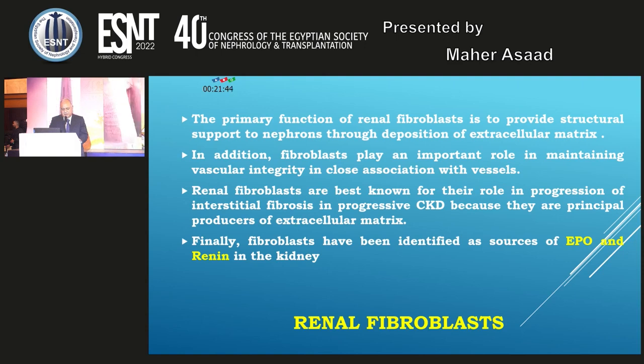Renal fibroblasts are best known for their role in progression of interstitial fibrosis in progressive chronic kidney disease because they are principal producers of extracellular matrix. Finally, fibroblasts have been identified as sources of erythropoietin and renin in the kidney.